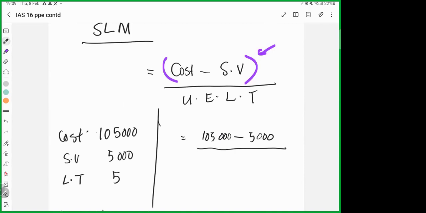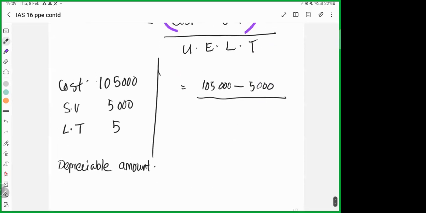So 105 minus 5, you will get 100. That 100 is the depreciable amount. Then we divide this by the useful economic lifetime, which is 5. Then I get 100,000 divided by 5, and my answer is 20,000.